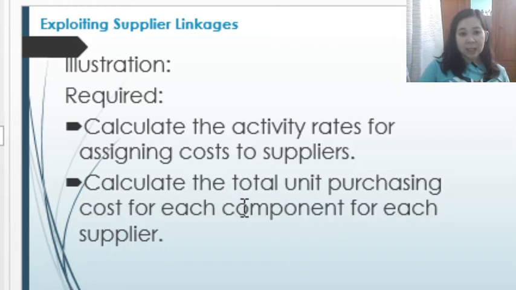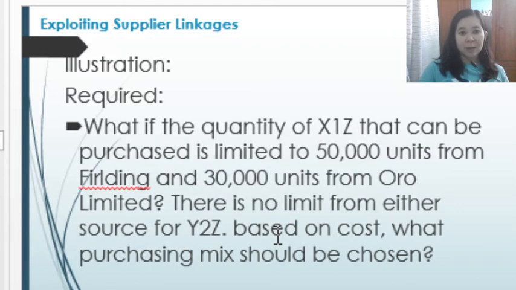The second is to calculate the total unit purchasing cost for each component for each of these two suppliers. The third is, what if the quantity of X1Z that can be purchased is limited to only 50,000 units from Fielding and 30,000 units from Oro? There is no limit from either source in the case of component Y2Z. So based on cost, what purchasing mix should be chosen?